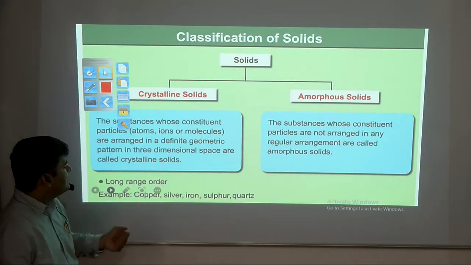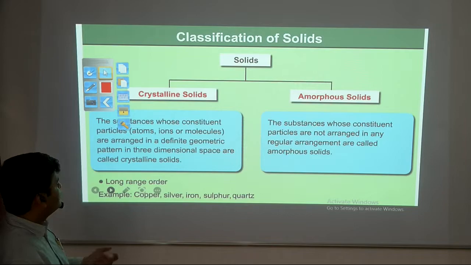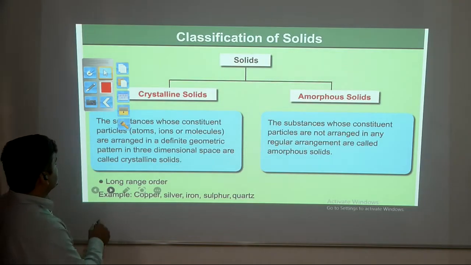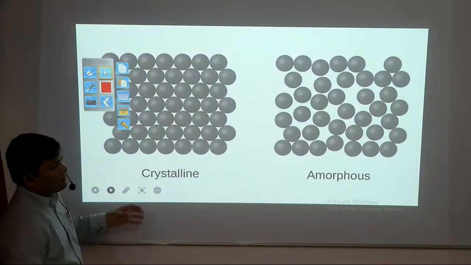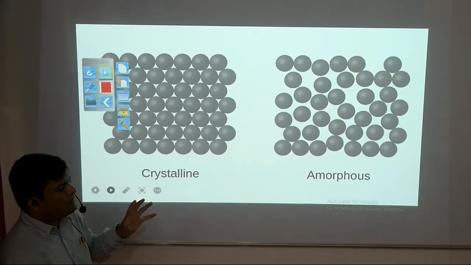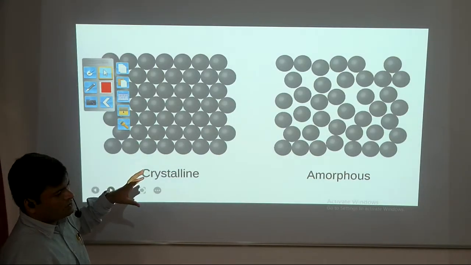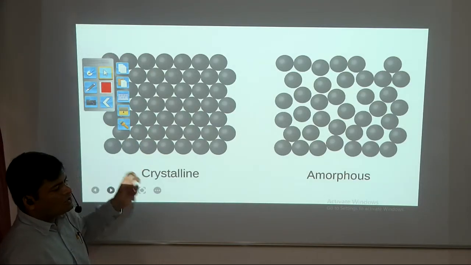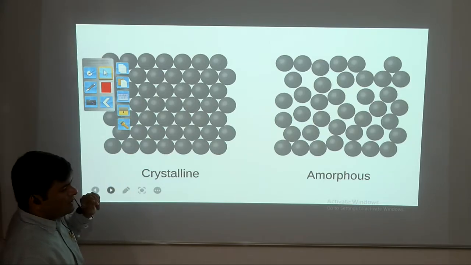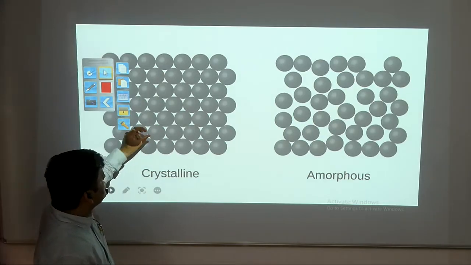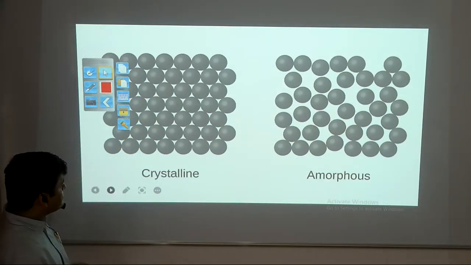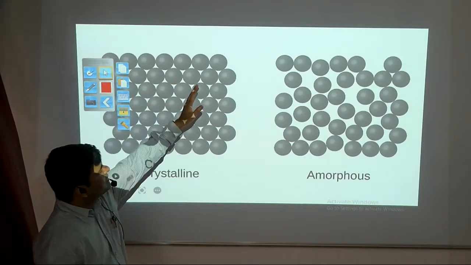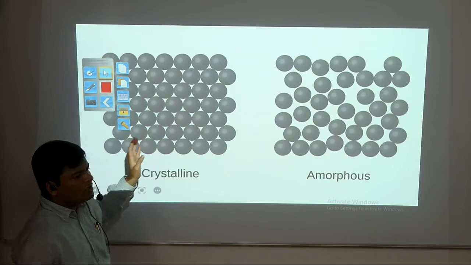Over here I have given some examples of crystalline solids: copper, silver, iron, sulfur and quartz. From this figure we can visualize how the atoms or molecules are arranged; we have to consider each sphere as a constituent particle of the solid, which may be an atom, a molecule or an ion. In a crystalline solid, the constituent particles are arranged in a regular manner in three-dimensional space.